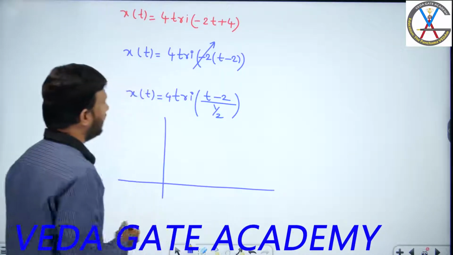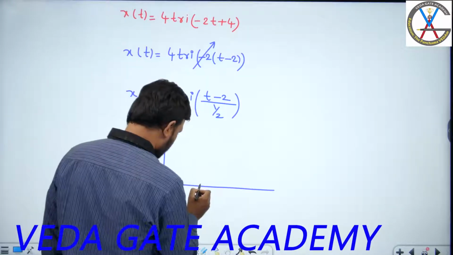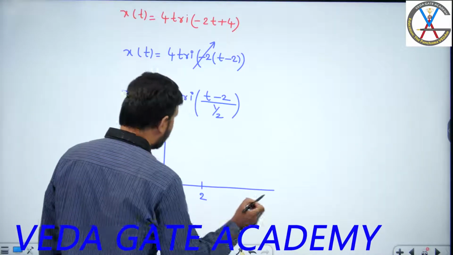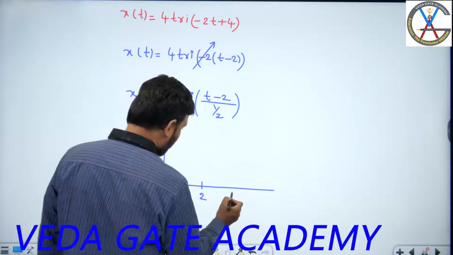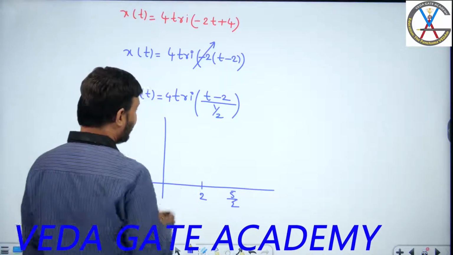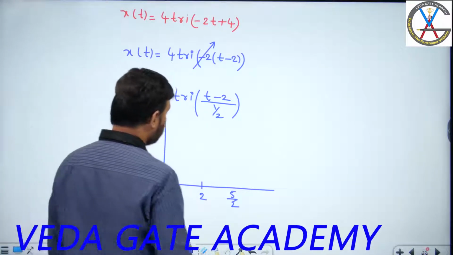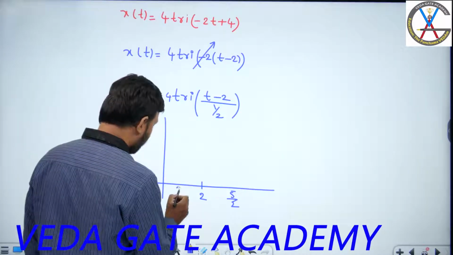Now let's draw this one. This is nothing but a triangular pulse centered at 2, with half pulse width 1 by 2. So 2 plus 1 by 2 is 5 by 2, and 2 minus 1 by 2 is 3 by 2.